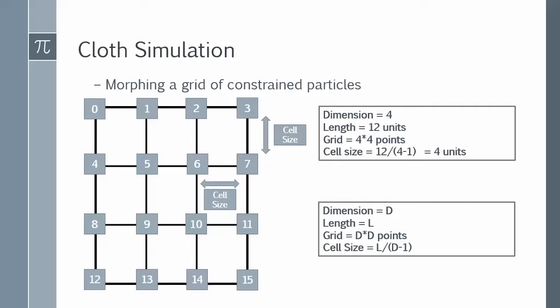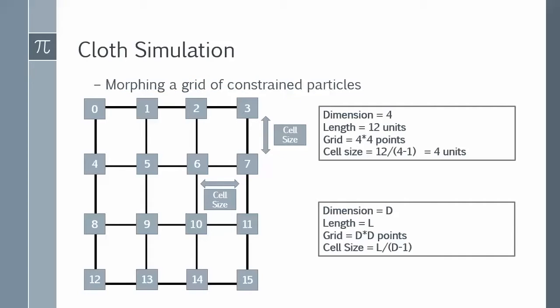Let's say the dimension is 4, and I mean by that there are 4x4 points in this grid, and let's say the length of the cloth, and I'm calling length this distance here, and I'll make the cloth square.